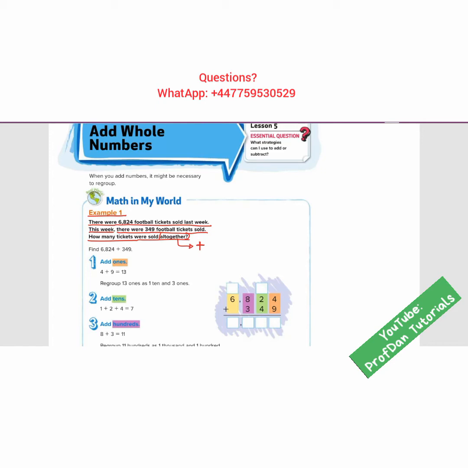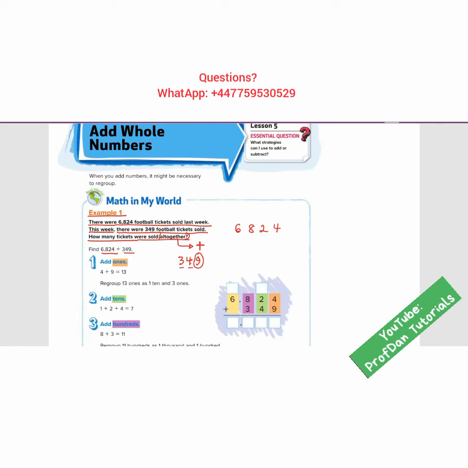Next, there are two numbers we want to add. The order of arrangement of these numbers is very important. The first number is 6,824. When you are arranging the second number, 349, start from the last digits, that is the ones place, the 4 and the 3.